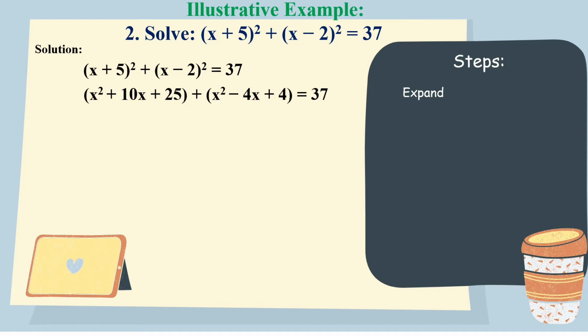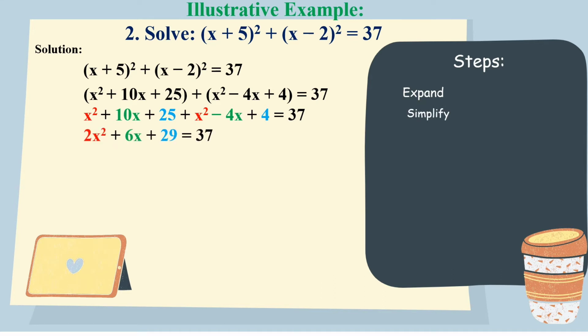Next is to simplify the equation. Notice that I have put same color to like terms. X squared plus x squared is equal to 2x squared. 10x minus 4x is equal to 6x, and 25 plus 4 is equal to 29, and then copy 37.